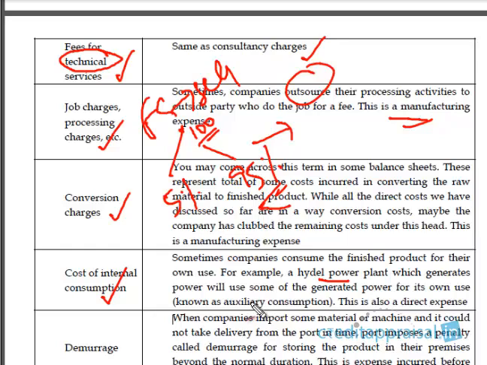Some of the generated power it can use for its auxiliary consumption, which means its own internal consumption. The power plant itself has to run and it needs power. So out of the generated power, it can use something for its internal consumption. This is a cost of internal consumption. Where do we place it? It is a direct expense, right? This is used for generation, used for production. So this is also a direct expense.